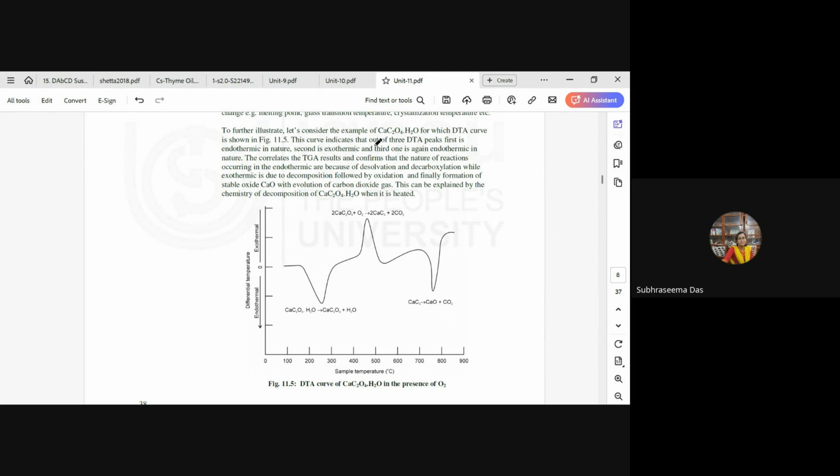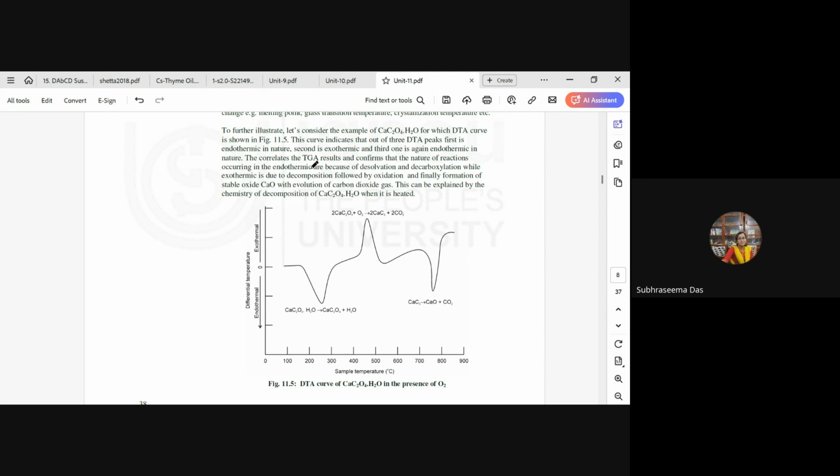We see that this curve indicates three DTA peaks. The first is endothermic in nature, the second peak is exothermic in nature, and the third peak obtained is again endothermic in nature.